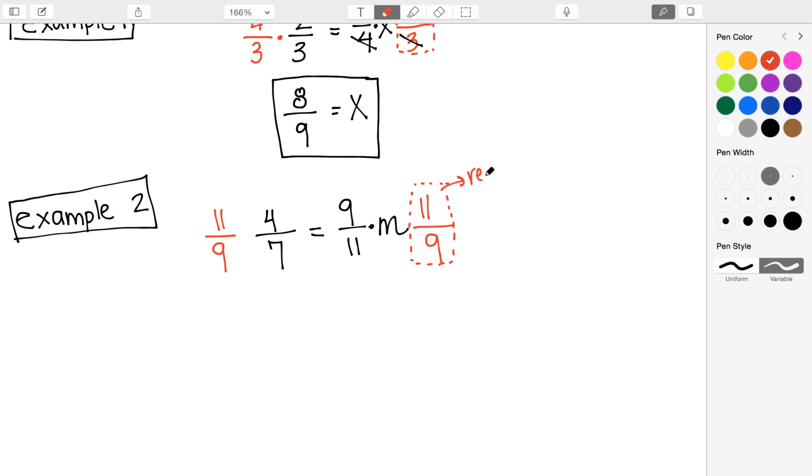This is a reciprocal, which is kind of just a fancy way of saying I'm doing the multiplication and division step, the undo piece, all at the same time, just with one fraction. So my 9s cancel, my 11s cancel. And on this side, I'm left just with m. Over here, I'm going to get 11. Oh, there's nothing there, so an invisible multiplication. 11 times 4, which is 44, over 9 times 7, that's going to give me 63.